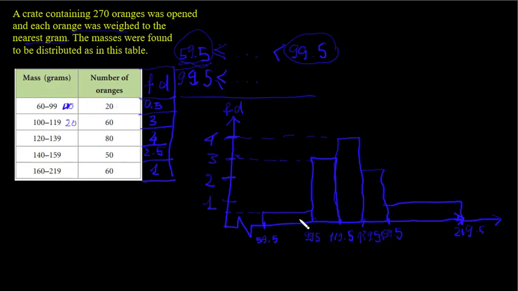Remember that. And when you draw a graph, please remember that you are not allowed to write 60 here. You have to write from where you start, 59.5, and over here 0.5.